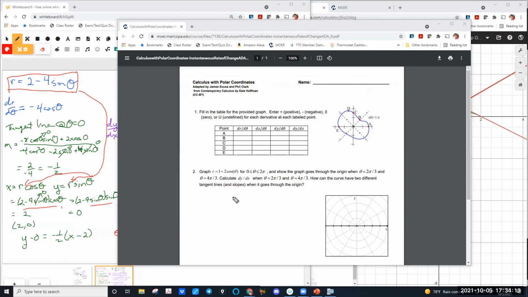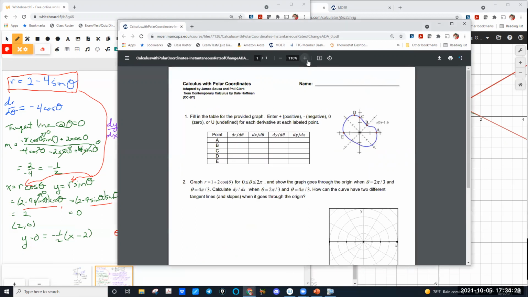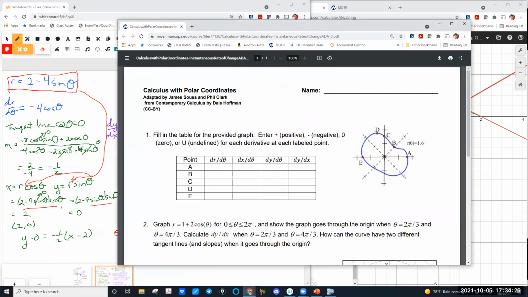And then 2, you're going to do basically what I just did on the slide. So let's go through how to do this chart so you get a little bit of practice. Like I said, 2 is what we just did. All right, we'll do point A together, and then I'll have you guys do the other ones.